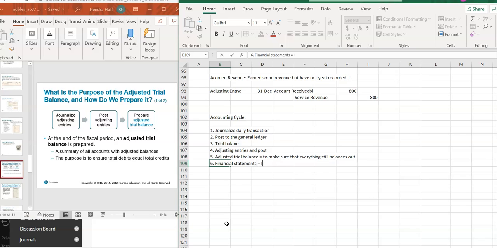So our financial statements are the income statement, statement of retained earnings, and the balance sheet. Then we would do closing entries, which is chapter 4, and a post-closing trial balance, which is also chapter 4.